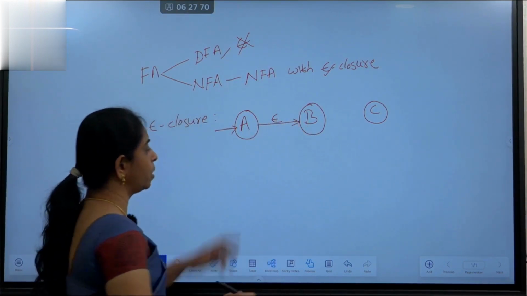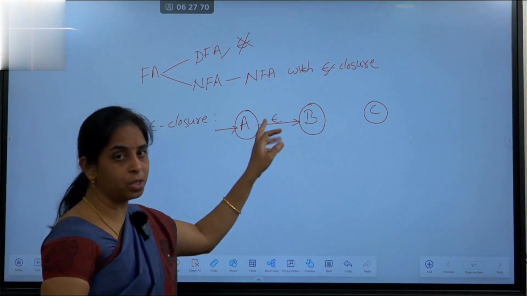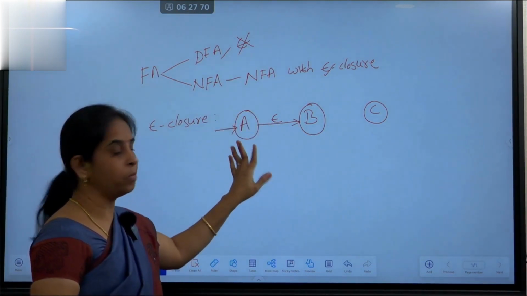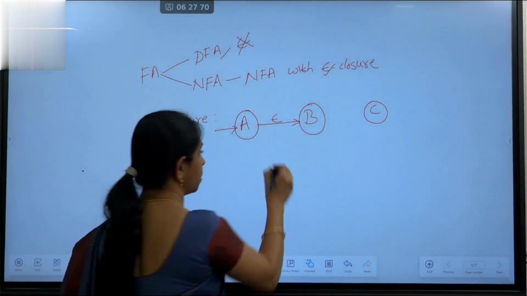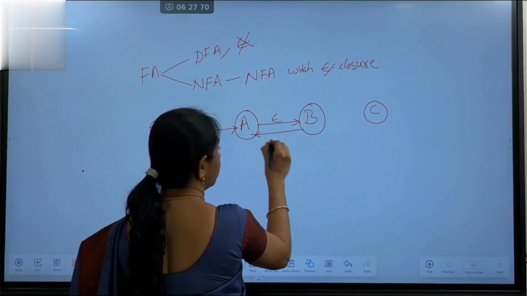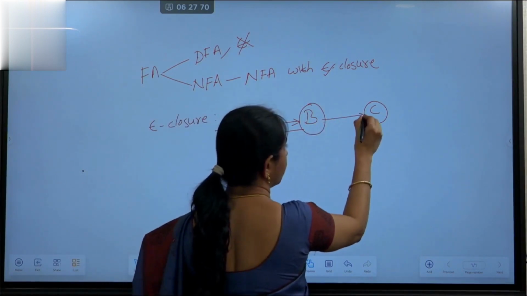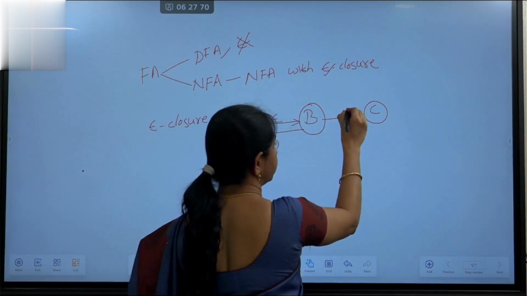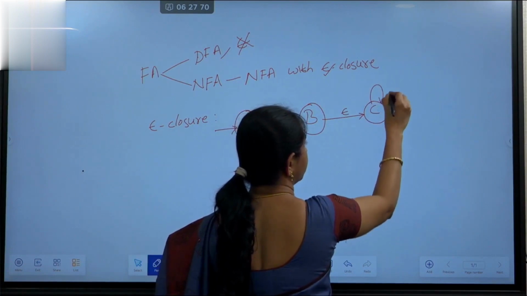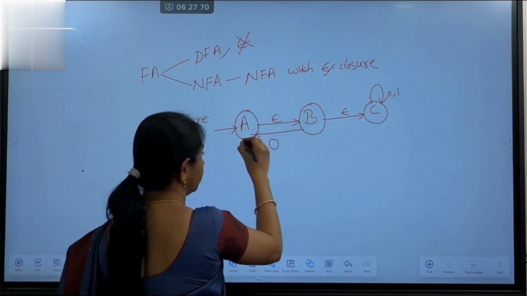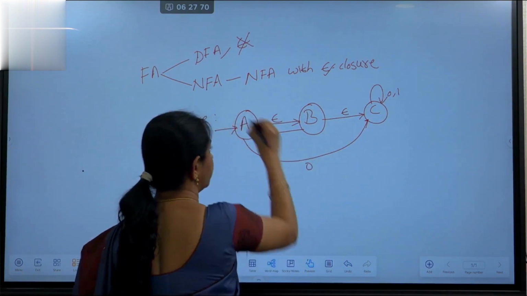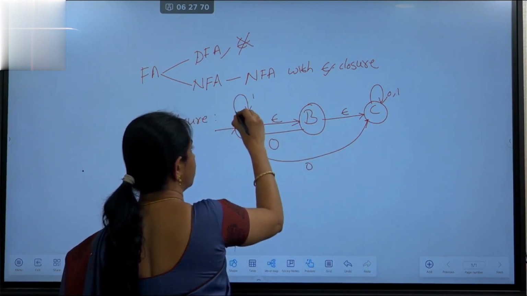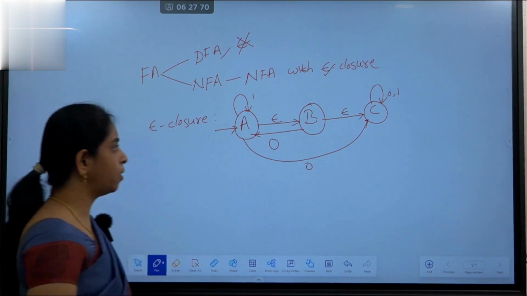Whenever we get epsilon in the transition, that is an NFA only, whereas in a DFA we won't get any epsilons. That we have to remember here. So this is the NFA.